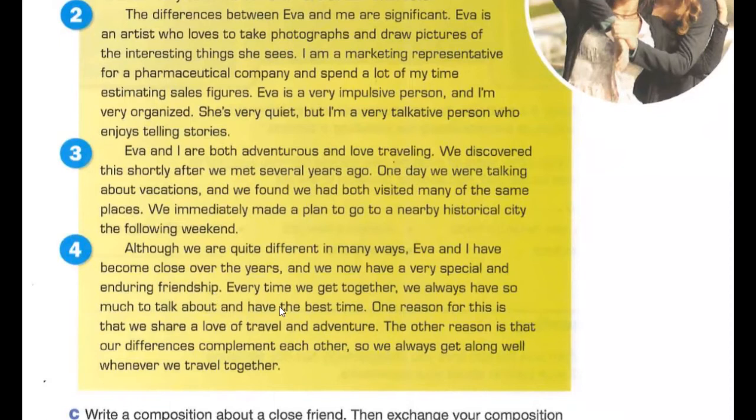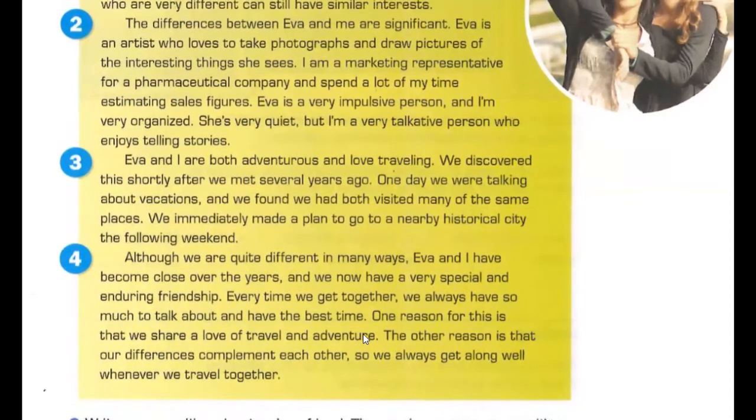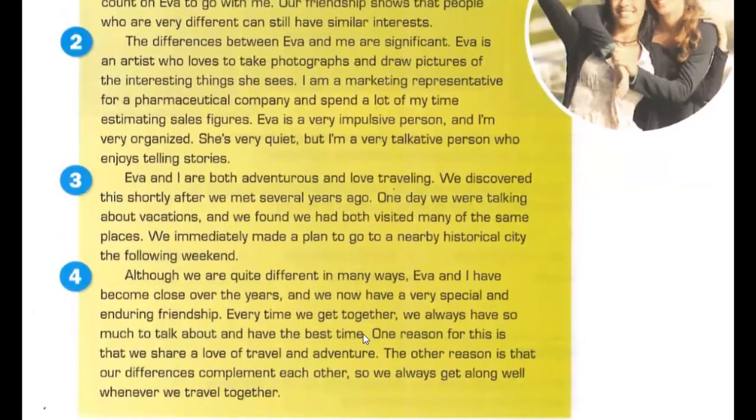So every time we get together, we always have so much to talk about and have the best time. One reason for this is that we share a love of travel and adventure. The other reason is that our differences complement each other, so we always get along well whenever we travel together. You see, so it's a very good paragraph.